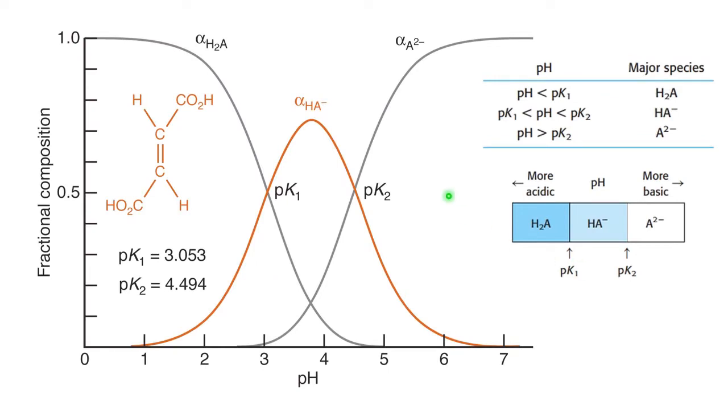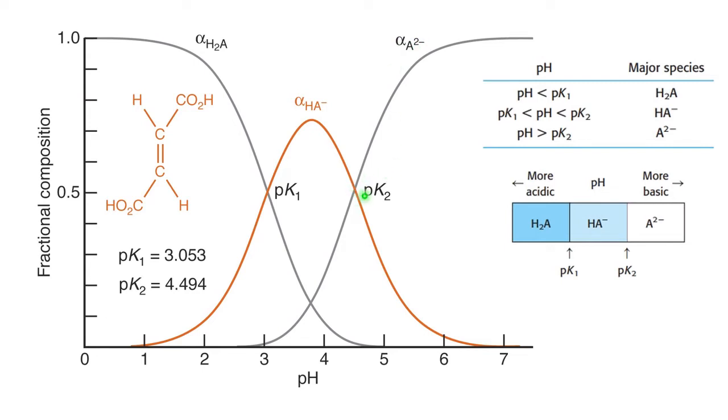Now, what will happen if I have two protons? I'll have two constants, pK1 and pK2. At pK1, the concentration of the doubly protonated species will be equal to the concentration of the once protonated. At pK2, you'll have equal concentrations of species protonated only once and species completely deprotonated.